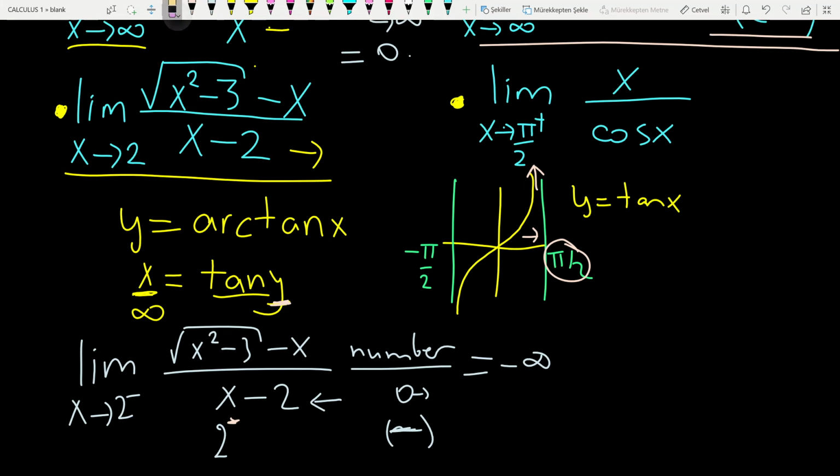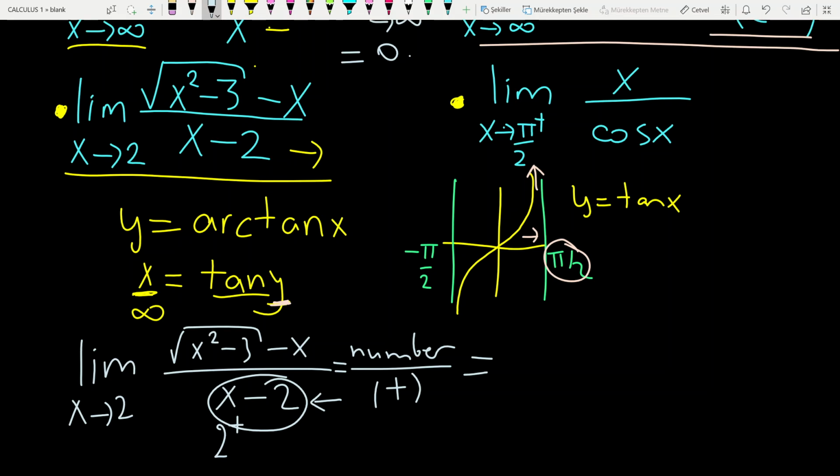Okay. When you approach from right, you always have positive numbers in the denominator, and the numerator goes to a number, no problem. Denominator goes to 0, no problem, but you always have positive values.